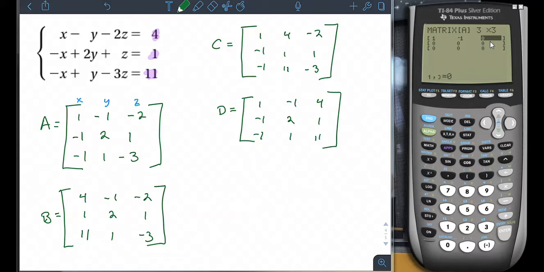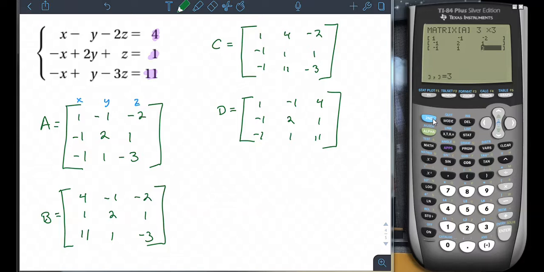The other thing is that when you're using the negative, you need to use this sign down here, because if you use the subtraction key, it's going to give you an error. So -1, 2, 1, and again from here, -1, 1, and 3. So I have my first matrix, matrix A.